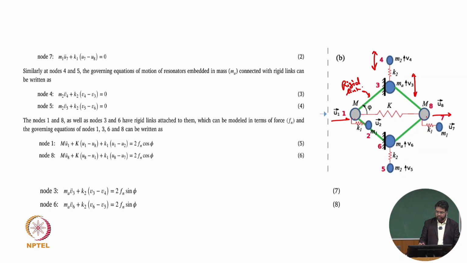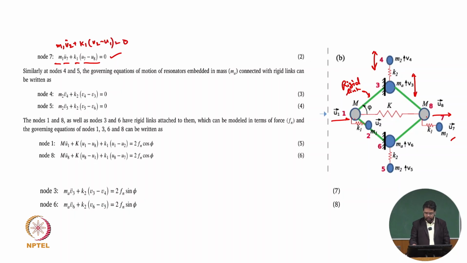So now if we try to write the equation of motion for node number 7, we can write m1 into u7 double dot plus k1 into u7 minus u8 equal to 0, and similarly u2 can be written like m1 u2 double dot plus k1 into u2 minus u1 equal to 0.